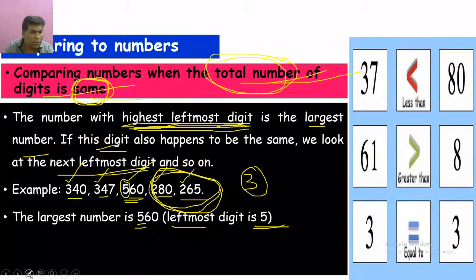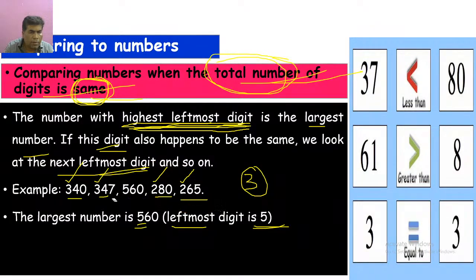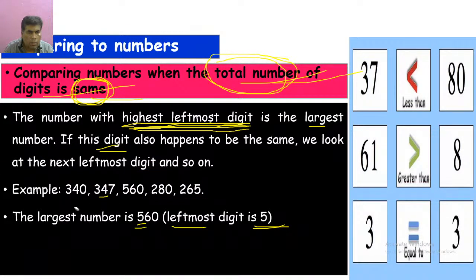Which one is the least? Come on, try to guess the answer. 280 or 265? These two numbers are the least numbers, but here the leftmost 2 is the same in both.